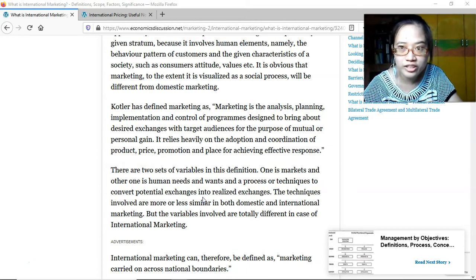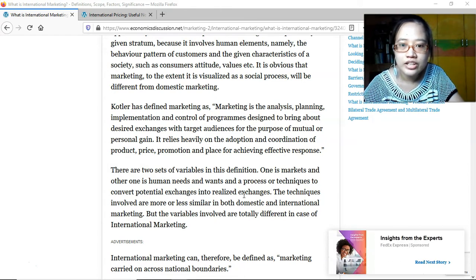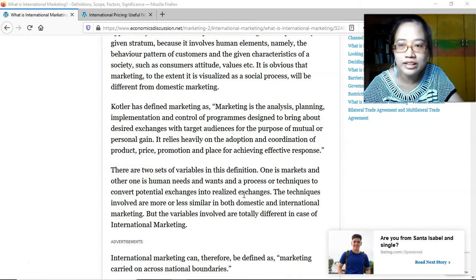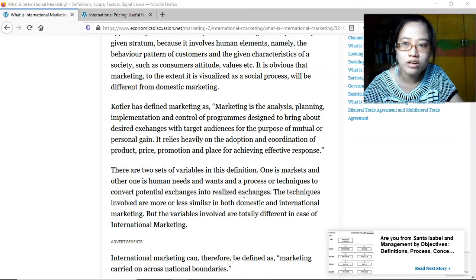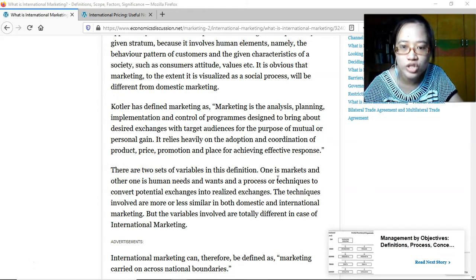Does it look good? Is the price affordable? Things like that. And then you have to create a marketing strategy that would relay that information so that these potential customers would eventually become actual customers, from potential exchanges to realized exchanges.